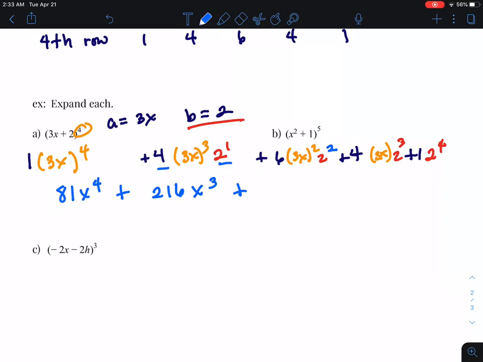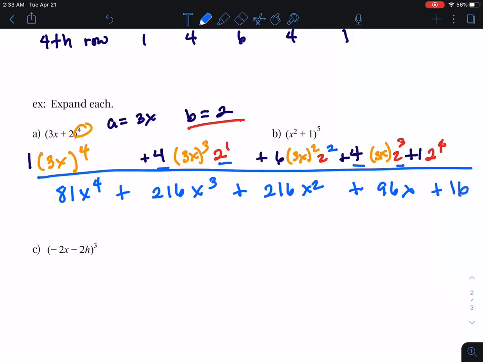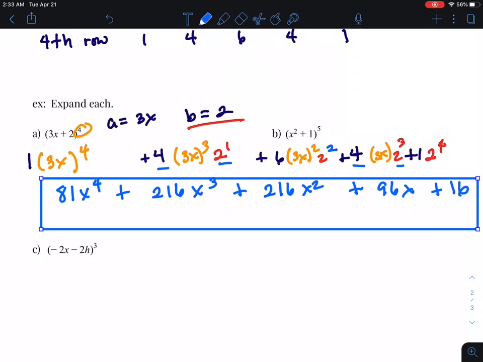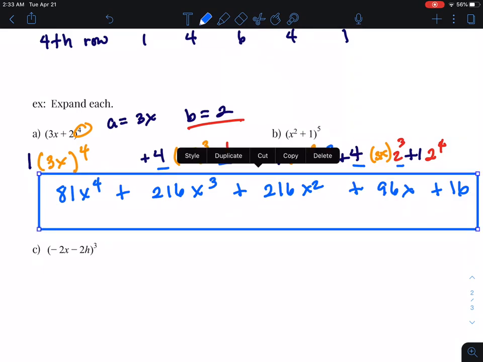So 24 times 9, we've got 216x squared plus, we've got 4 times 8, that's 32. 32 times 3, 96x, and 2 to the 4th is 16. So that takes care of the first one for part A.